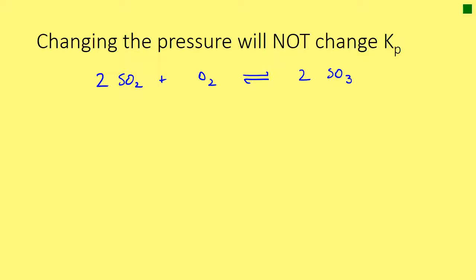So what you can see from this equilibrium is that on the reactant side there's 3 moles, but on the product side there's only 2 moles. So we have an imbalance in the number of moles, reactants versus products.